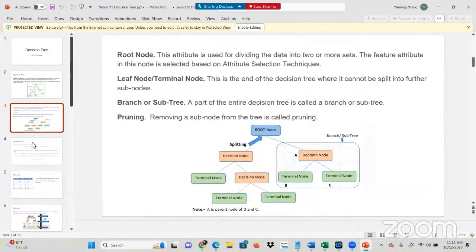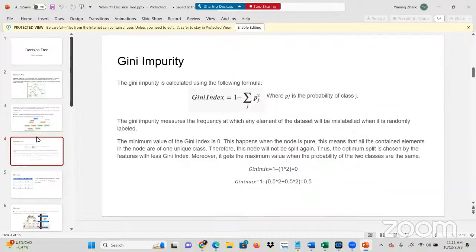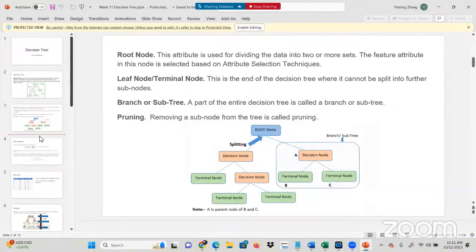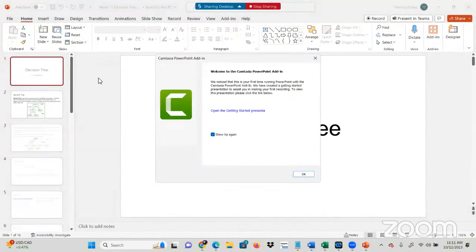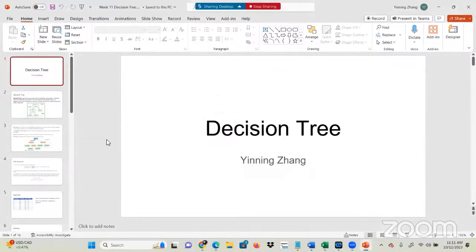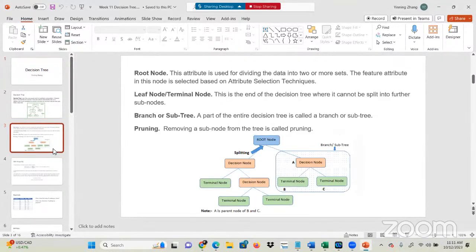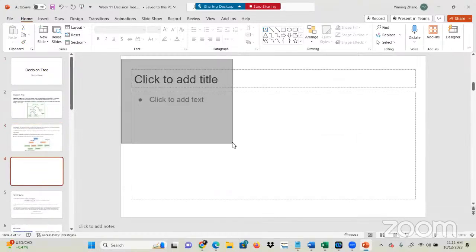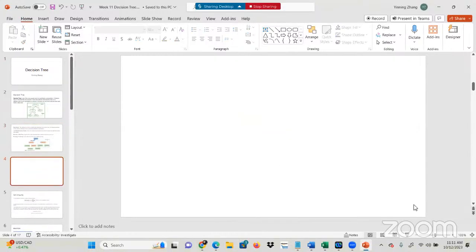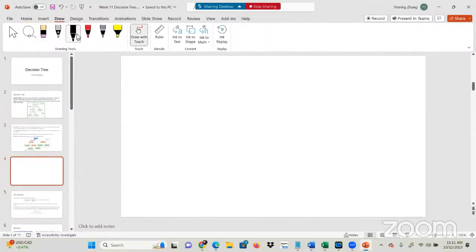So it comes to this concept called Gini impurity. For example, for this data set about buying a minivan or not, I have a feature, a column called family, whether this person has a family or not.